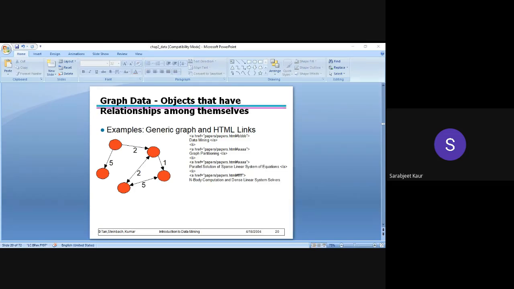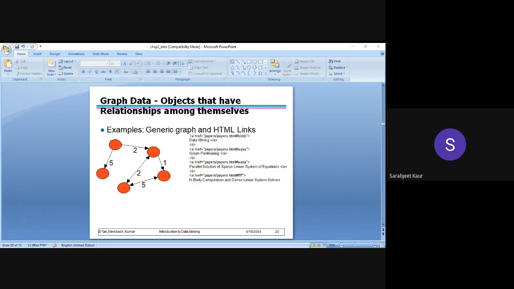Okay, so in web data, please see, each node may be considered as a website or a web page. Okay, and these links, they are also very important.